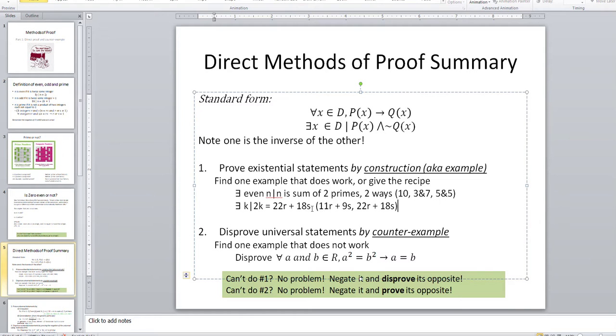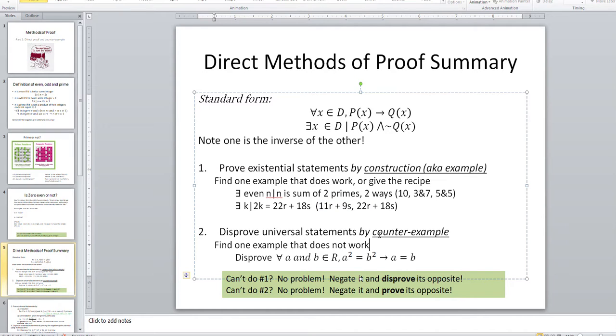So all I do is I take this divided by 2, and then I know that if I take twice this number, I get 22R plus 18S by the associative property of multiplication. So this is a recipe for finding some specific values for R and S that will make this statement true.